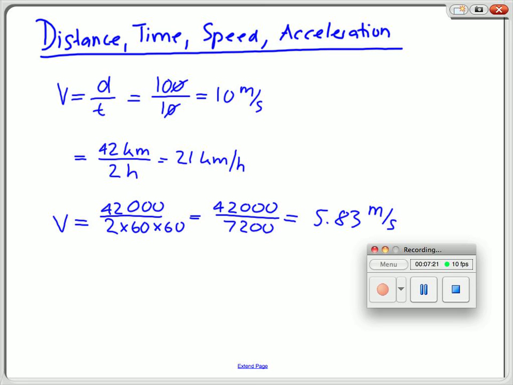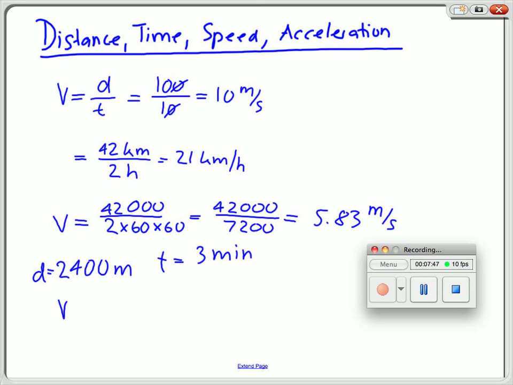Now let's take an example where I have 2,400 meters as the distance, and say my time would be 3 minutes. Now I want my result to be in kilometers per hour.